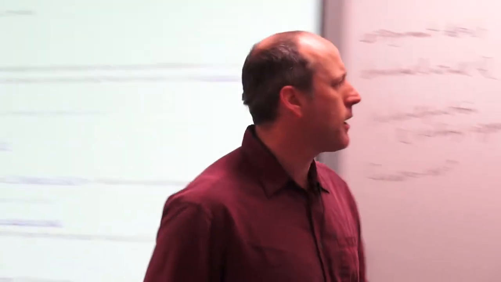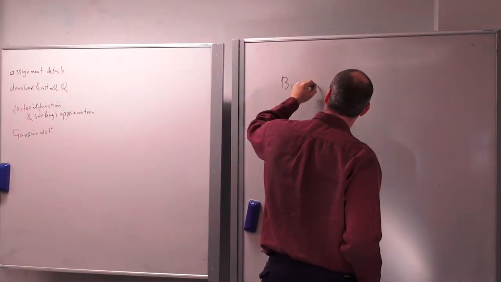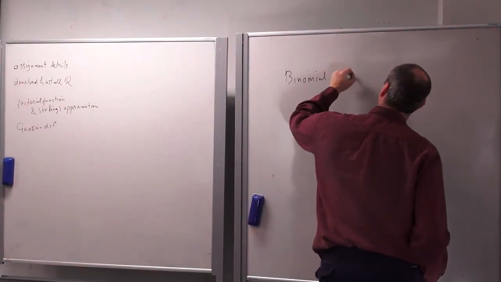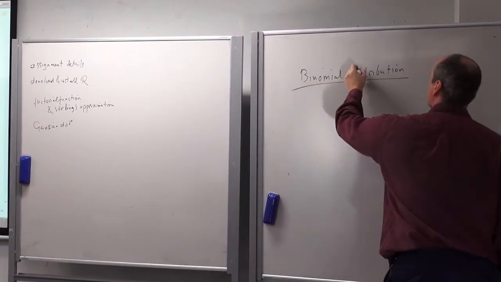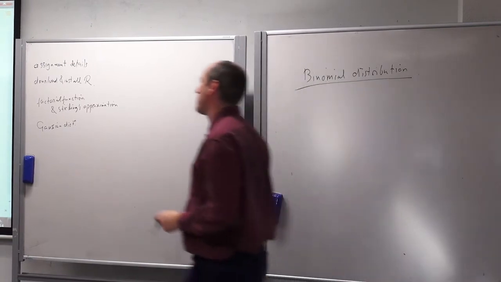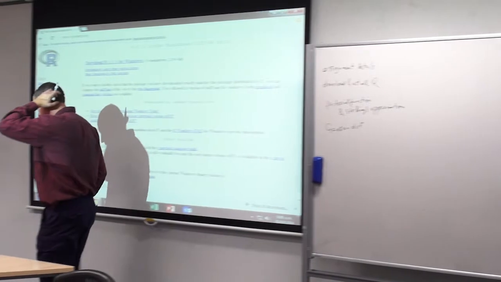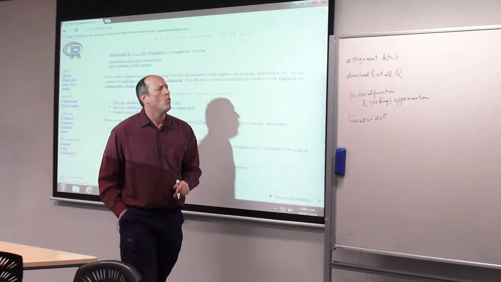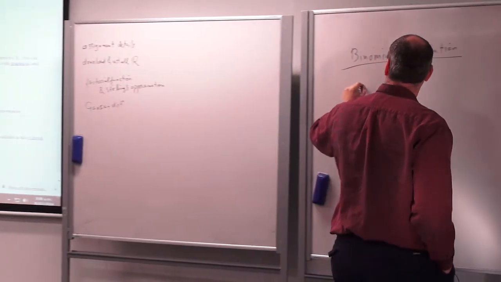We've been talking quite a lot about the binomial distribution. And that's going to be the starting point for quite a lot of the content of this course. The binomial distribution is the simplest and easiest one, but it's one of a family of distributions. So I'm just going to give you a slightly different form for it.